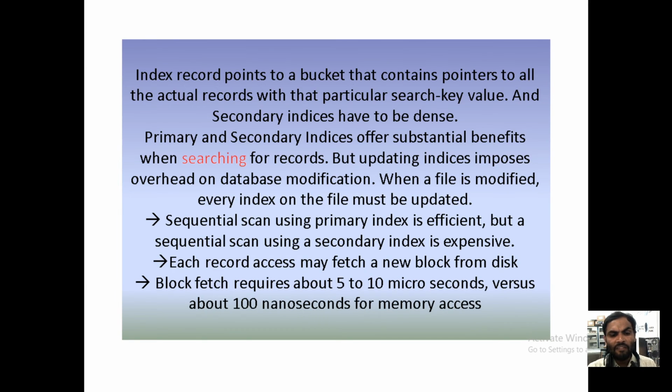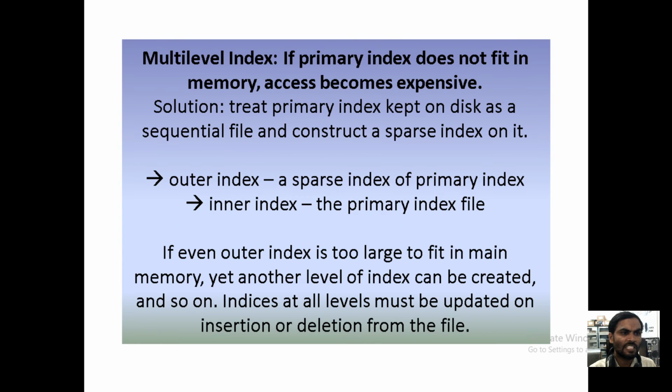If you have n number of blocks, it will take n plus 5 records. Memory access also takes 1000 nanoseconds. For multi-level indices, if the primary index does not fit in memory, access becomes very expensive.